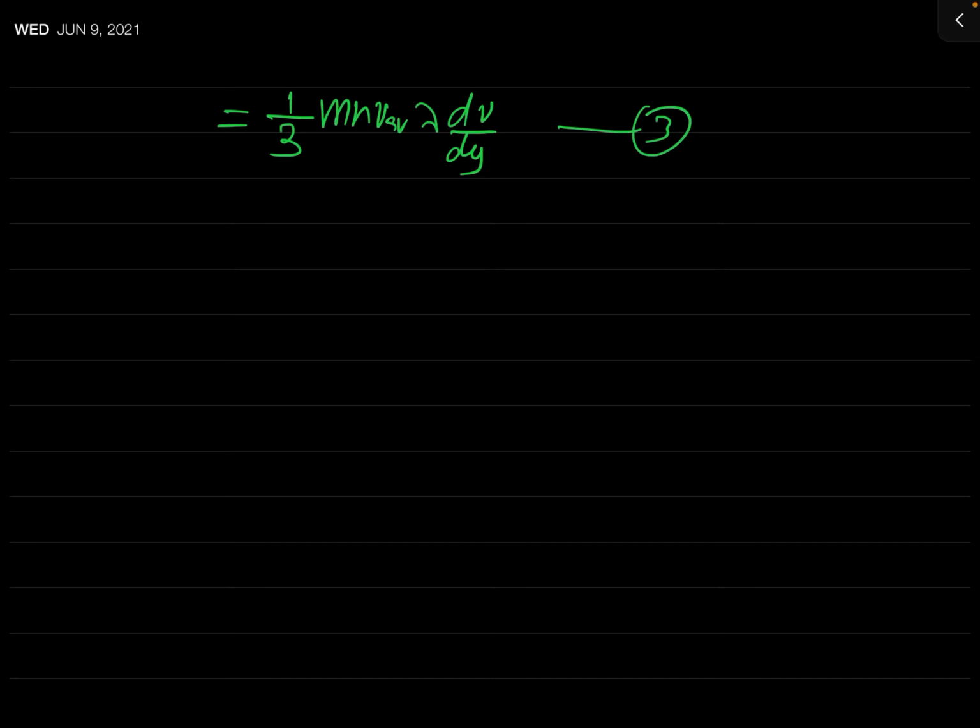And similarly you can see that this much momentum will be gained per second per unit area by the layer CD. EF जहाँ लॉस कर रहा है CD उतना ही गेन करेगा उतने ही टाइम में.